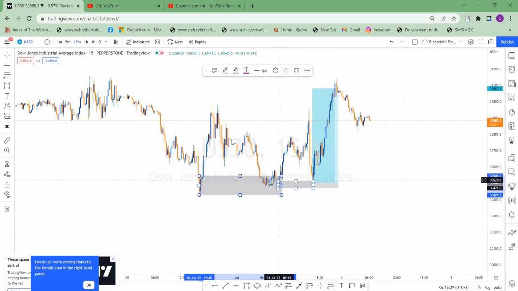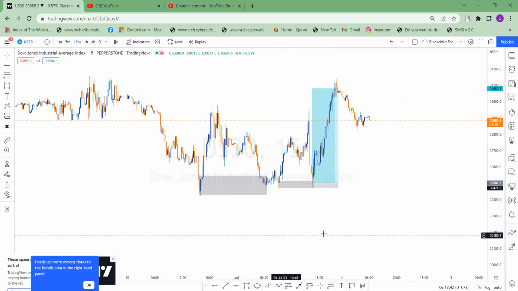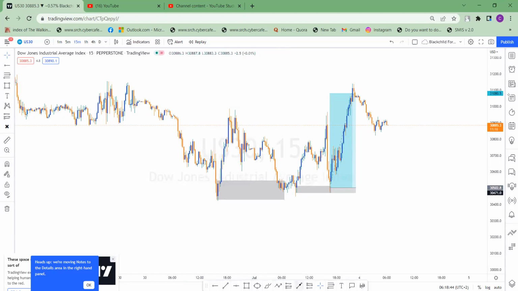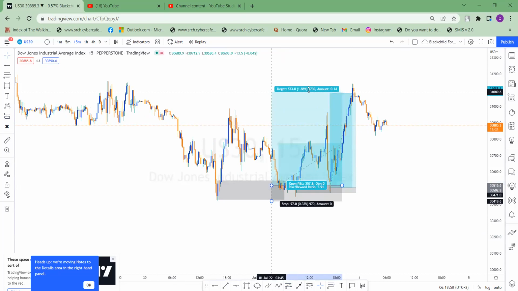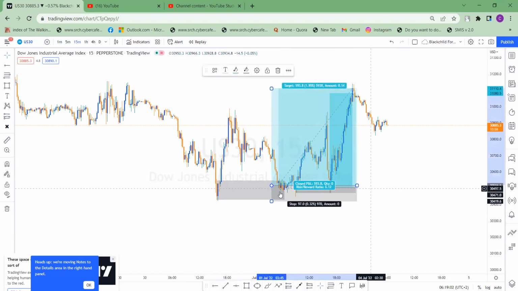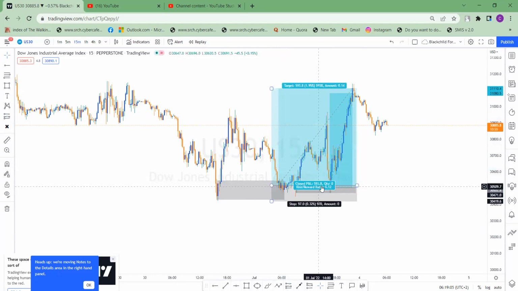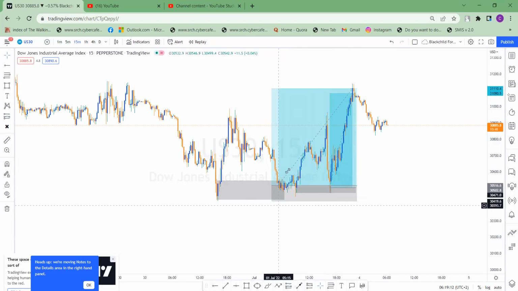So let's look at a scenario whereby you want to take a risk entry, and you'll be like, I'm going to take a trade as soon as the market comes here, and my stop loss is going to be just below this level, and I'll be looking forward to capitalize in this zone, right? So you can see that in this case, this is actually a 1 to 6 reward ratio. You're going to lose 1 in order to make 6. So if you lose $10, you're going to make $60.